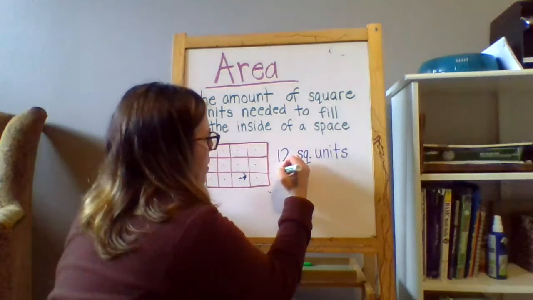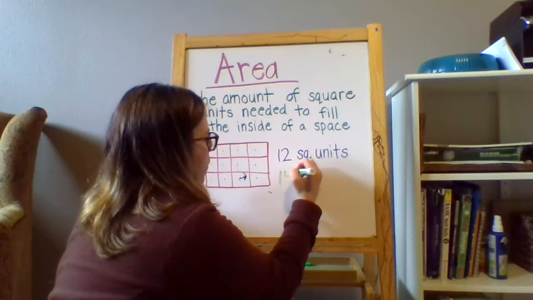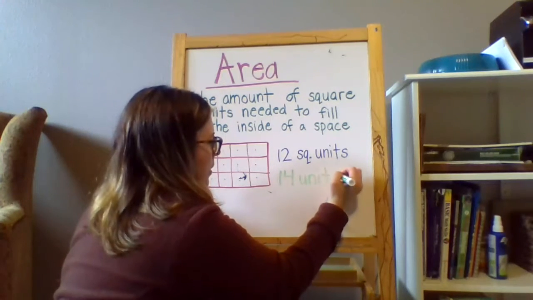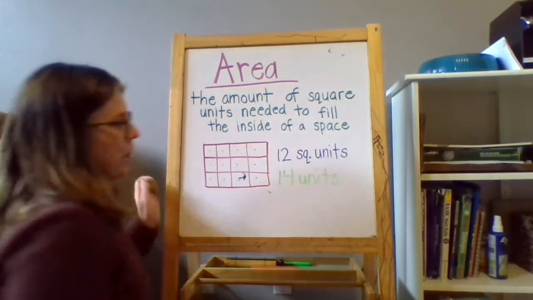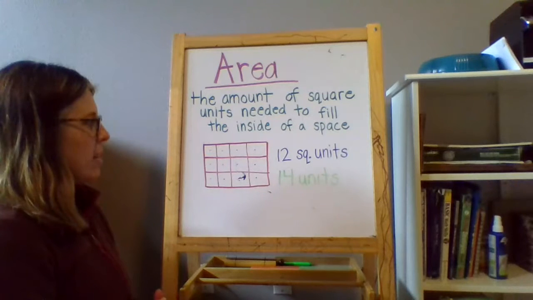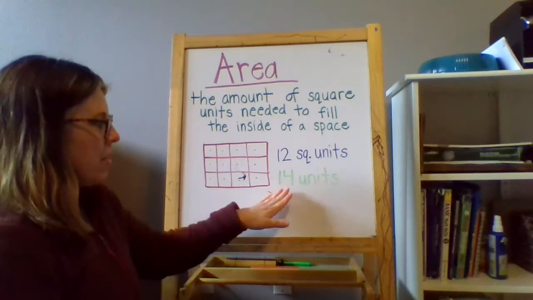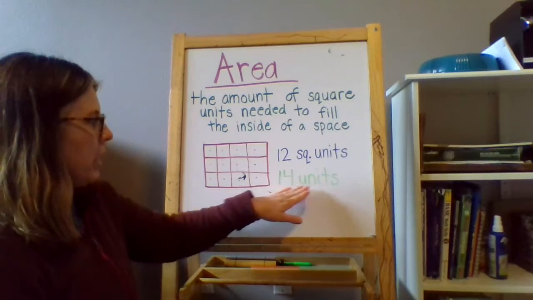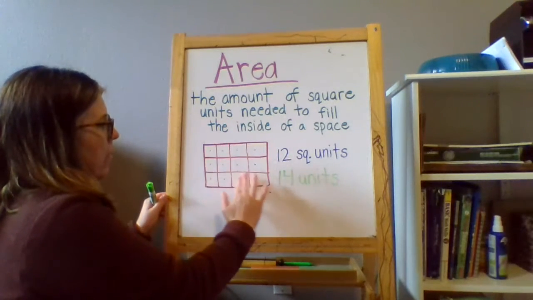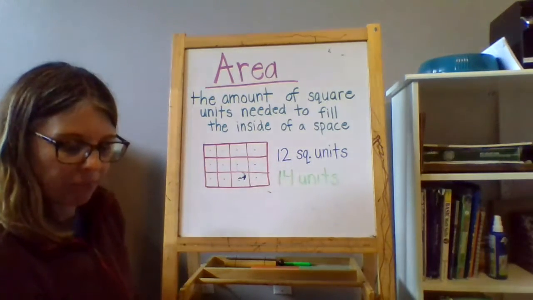So the perimeter is 14 units. Are those the same? No, which one is greater? Yeah, the perimeter was 14 units and the area was 12 square units.